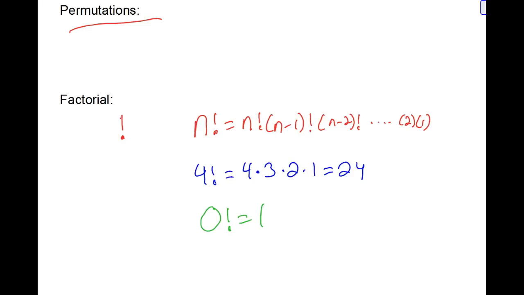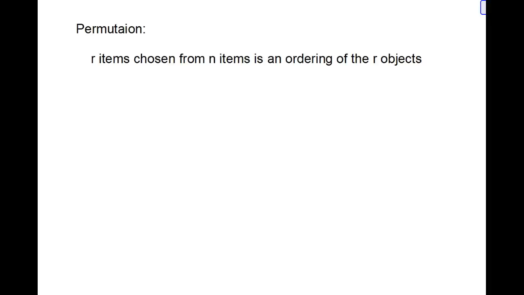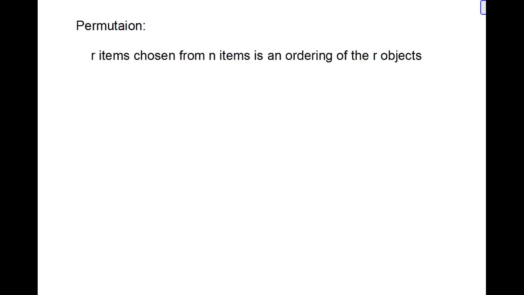So when we do want to know about a permutation itself, that is that we have our items chosen from n items, and we're putting them in order. So for instance, if I have 12 items and I want to put 4 in order.